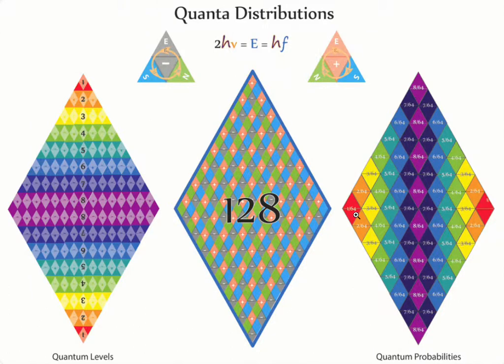There is a 1 in 64 probability that we will see a photon of energy this far out from the amplitude of the wave. There is a 3 in 4 probability here and here of finding photons this far out from the amplitude of the wave.